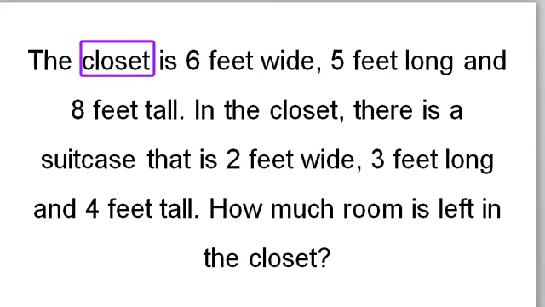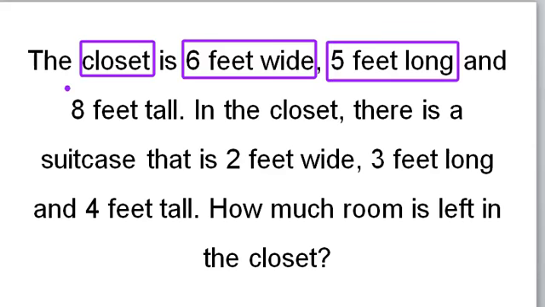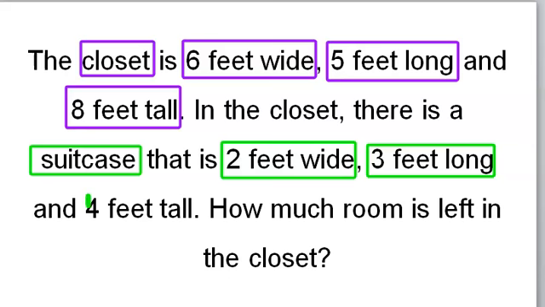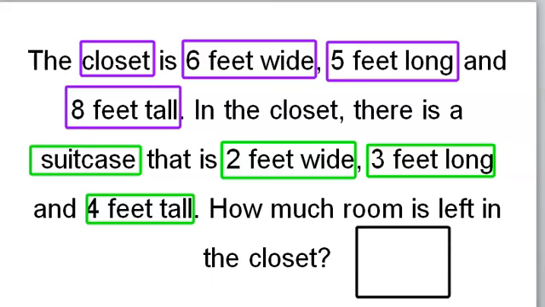So thinking about our closet, in order to figure out that volume, we've got 6 feet in width, 5 feet long, and 8 feet tall. And then our suitcase is 2 feet wide, 3 feet long, and 4 feet tall. So let me do a little visual here. All right, so here's my closet.